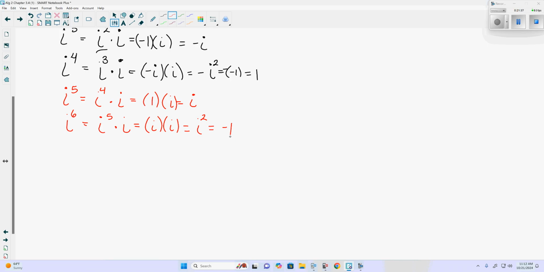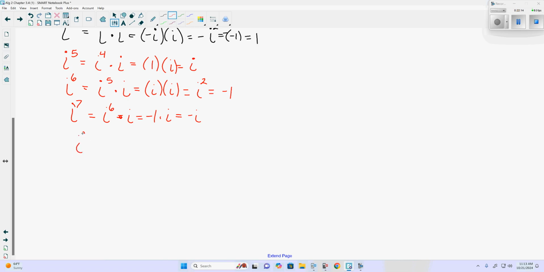So i to the sixth is going to be the same as i squared, which is -1. What do we think i to the seventh is going to be? Negative i. Because it'd be i to the sixth times i. Well, i to the sixth is -1, and -1 times i is -i. What do we think i to the eighth is going to be?